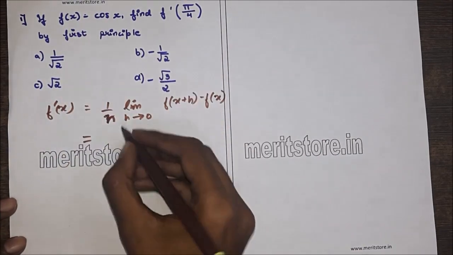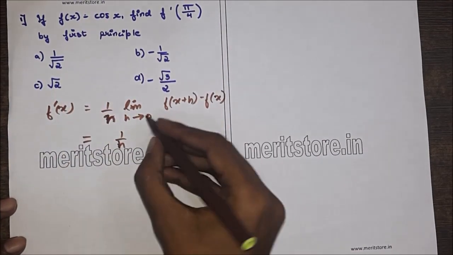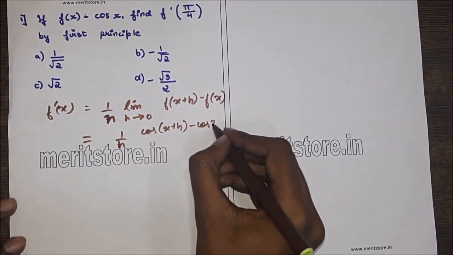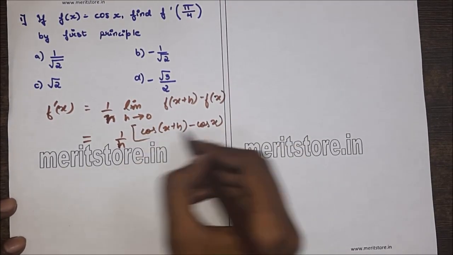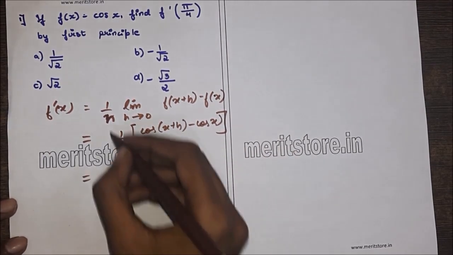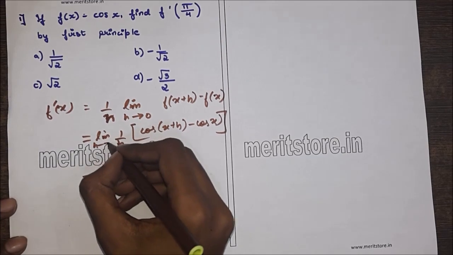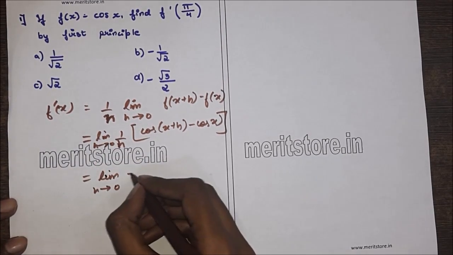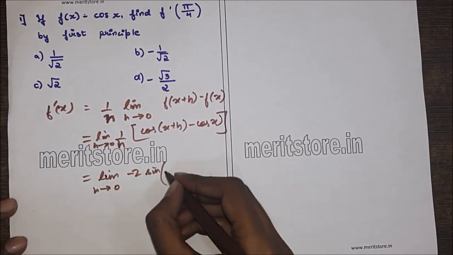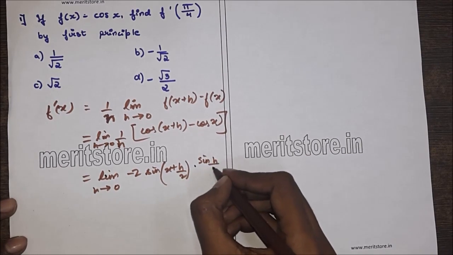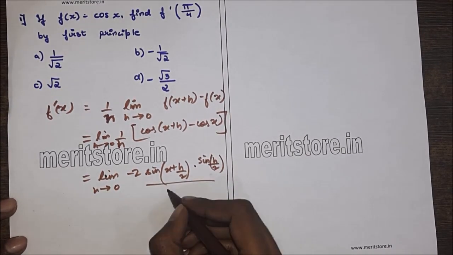F of x is cos x, so this is 1 by h, cos of x plus h minus cos x. Now this is in the form of cos a minus cos b. So this can be written as limit h tends to 0, minus 2 times sine of x plus h by 2 into sine of h by 2 divided by h.